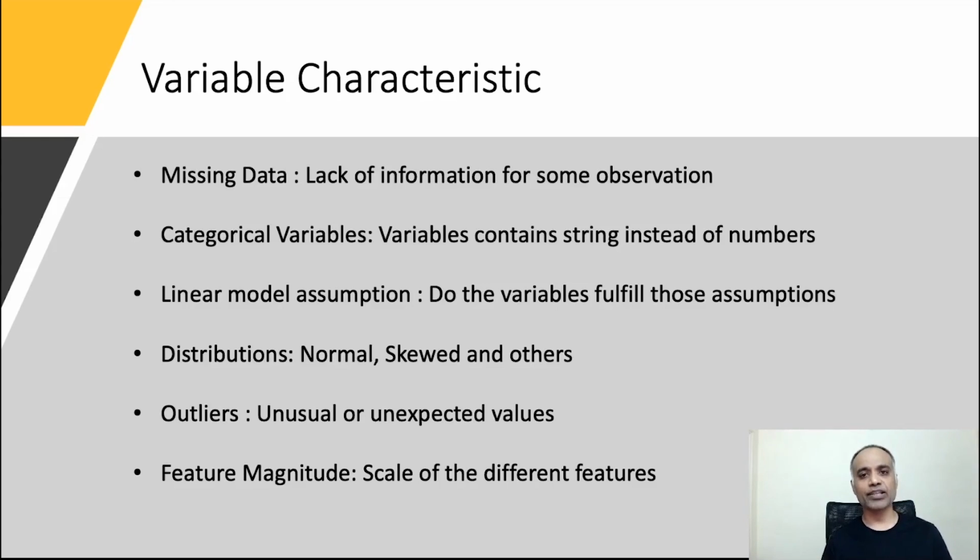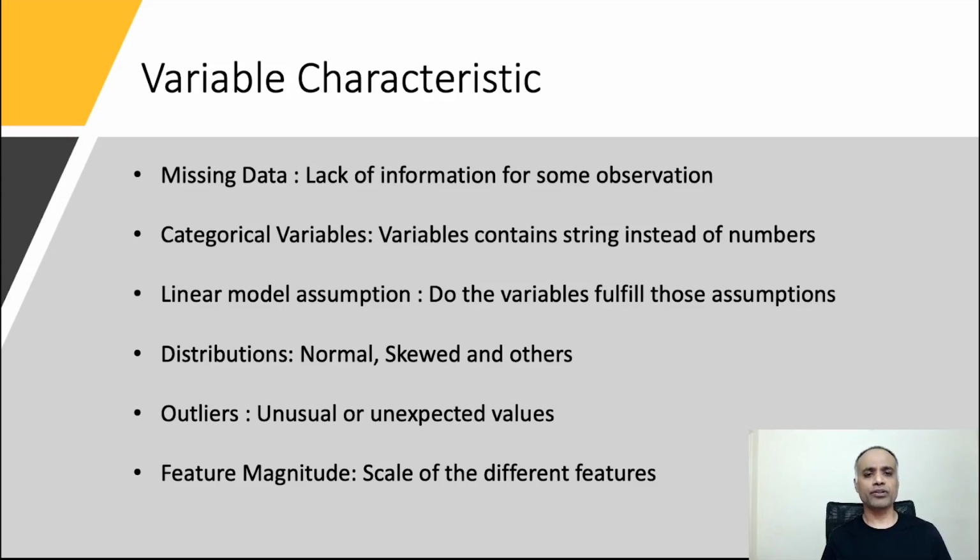Once you identify that, then we look into the various characteristics of this particular feature or variable. A variable is nothing but the same as a feature, or a column in my data, and every row we usually call an observation. And then we look at the different characteristics of a particular variable.